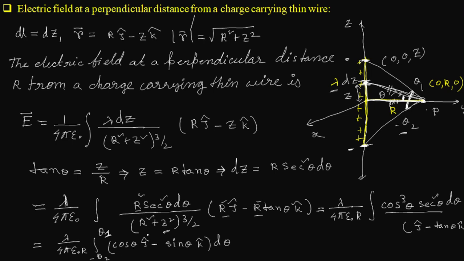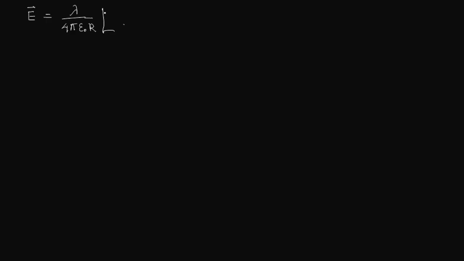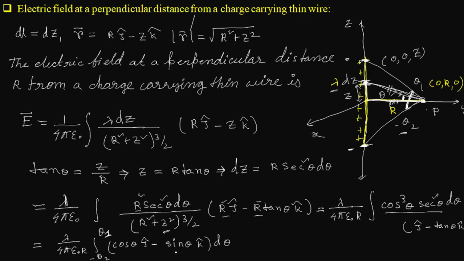The integration of cos theta will be sine theta, with upper limit theta 1 and lower limit minus theta 2. So we'll get sine theta 1 plus sine theta 2 into, sorry, not i cap, it was j cap. J cap. And then in the next term we have sine theta.